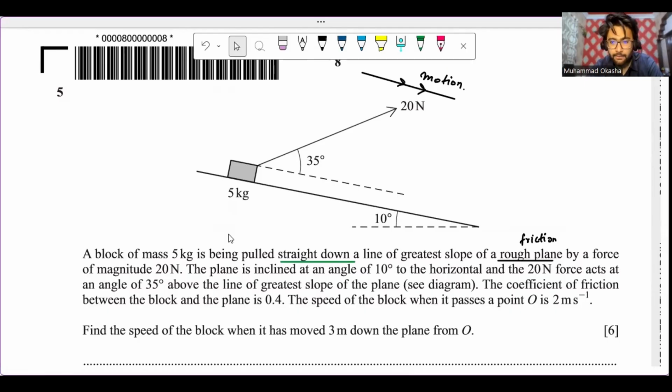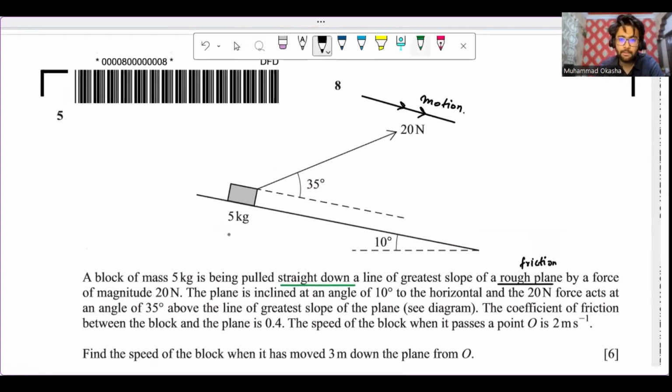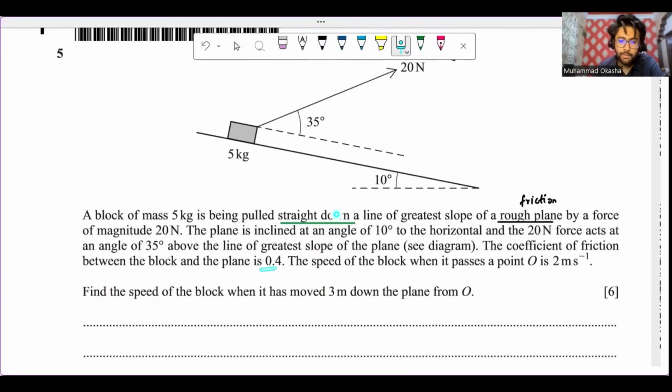Right. The plane is inclined at an angle of 10 degrees to the horizontal, and the force of 20 newtons acts at an angle of 35 degrees above the line of greatest slope, which means the force is acting at an angle of 35 degrees. The coefficient of friction between the block and the plane is 0.4.